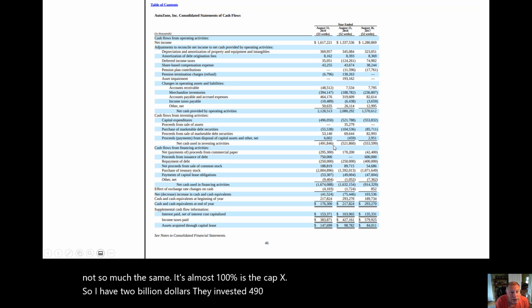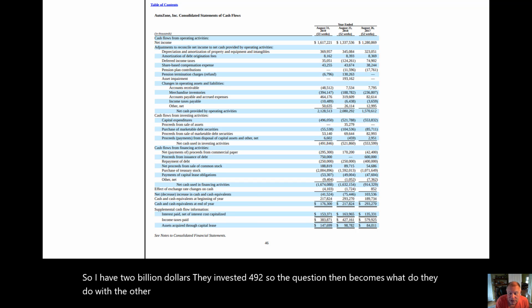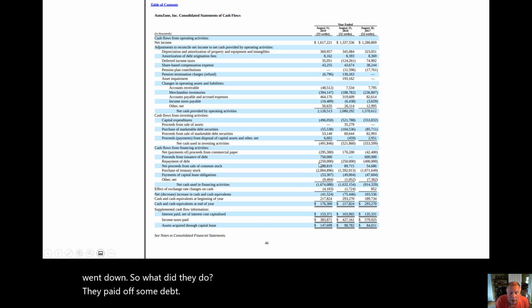So the question then becomes, what do they do with the other $1,600,000,000? Because cash, if we come down here, didn't change. It actually went down. So what did they do? Well, they paid off some debt, issued new debt, issued some common stock based on the share-based expense.